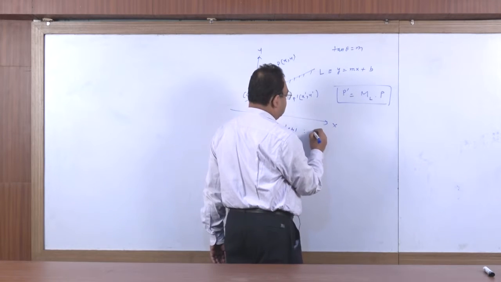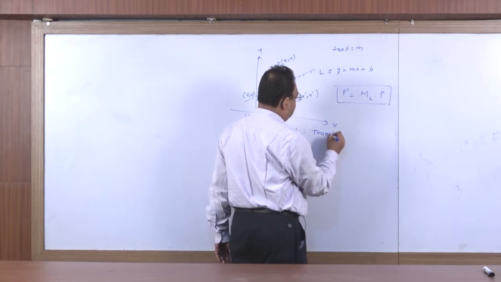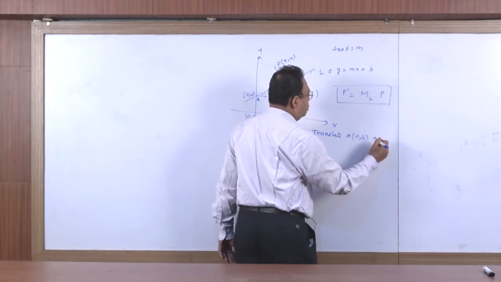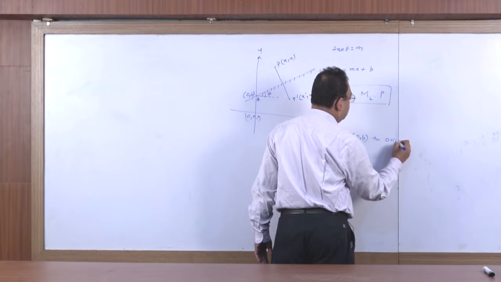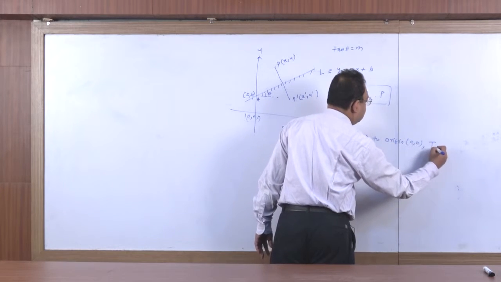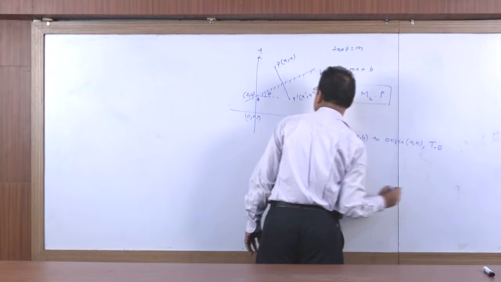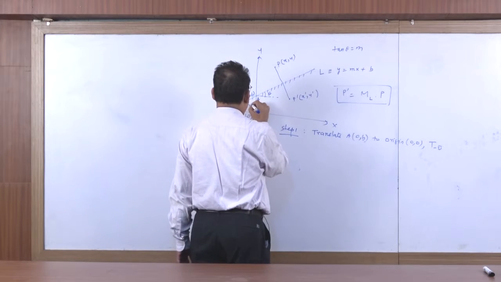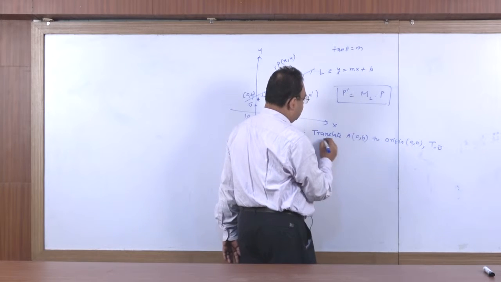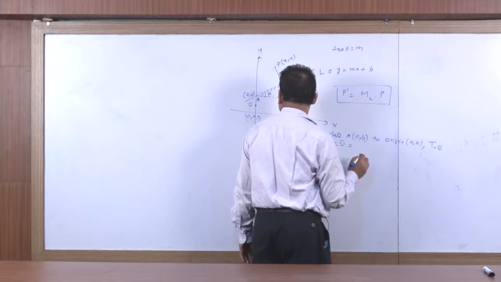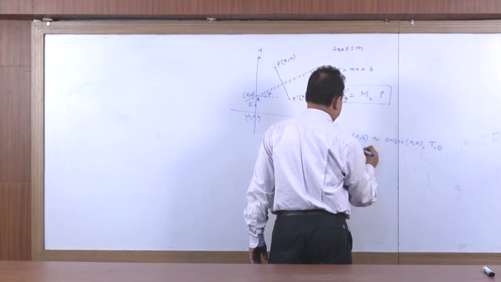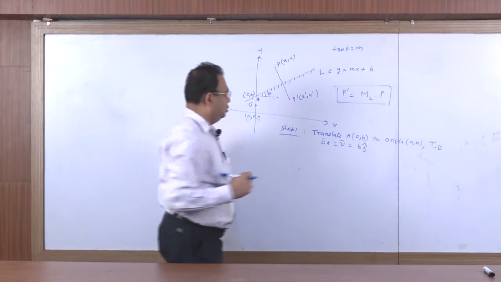So, first one is translate A, that is 0 b, to origin 0 0, and let us call this operator T minus v, because we are considering v as this OA. OA is v, that is nothing but bj, because the x component is 0.